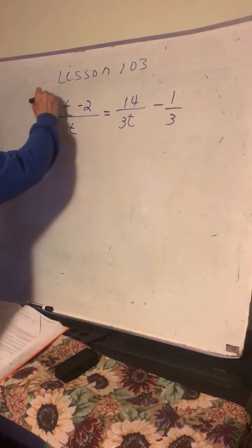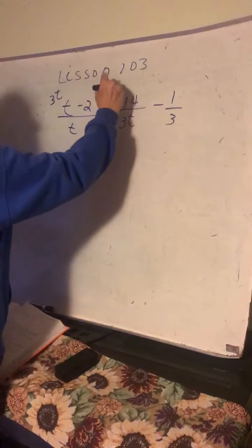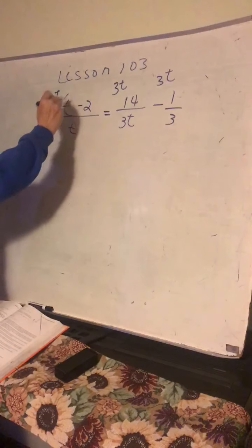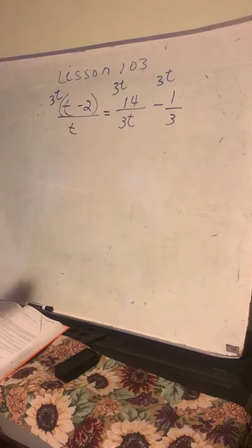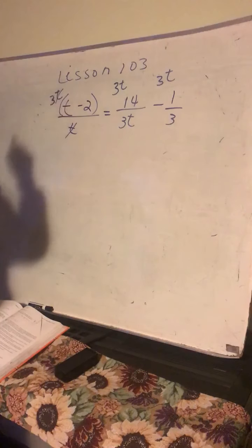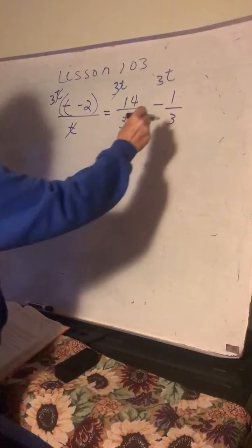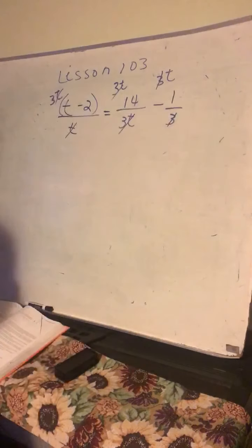So we're going to use 3t. Now don't forget to put this in parentheses because that represents one number and we're going to have to eventually distribute. Then we can cancel: those t's cancel, the 3t and 3t cancel here, and the 3 and 3 cancel here.